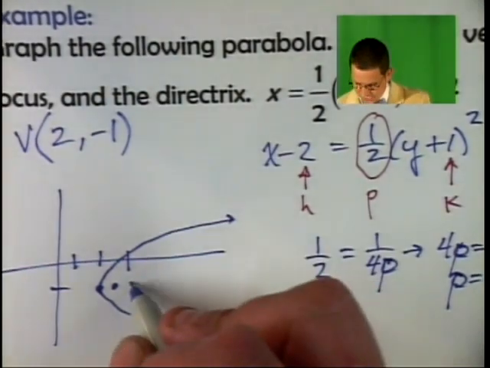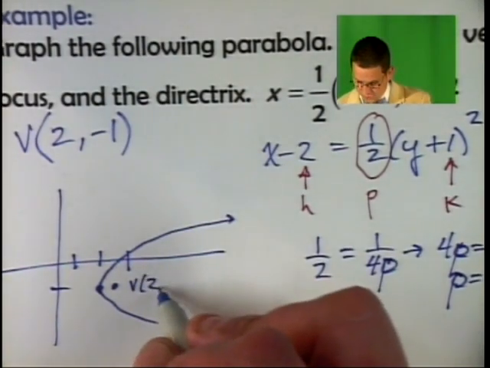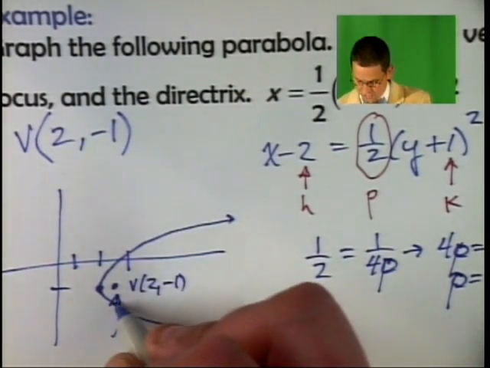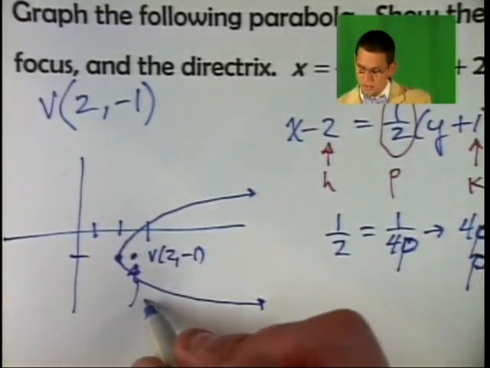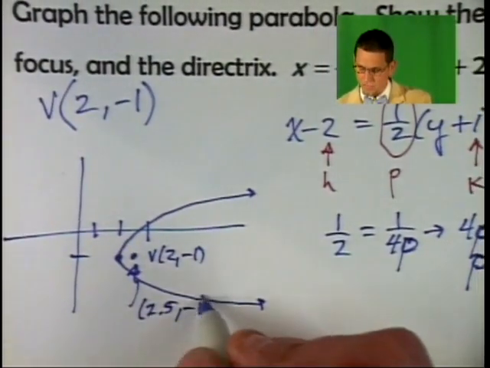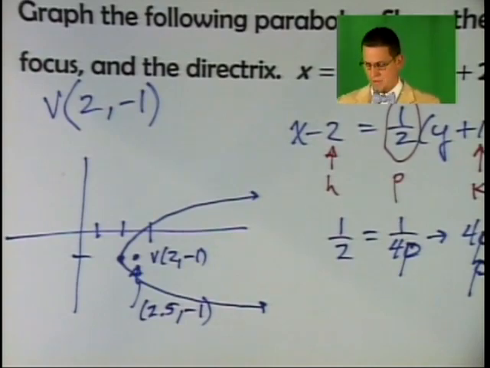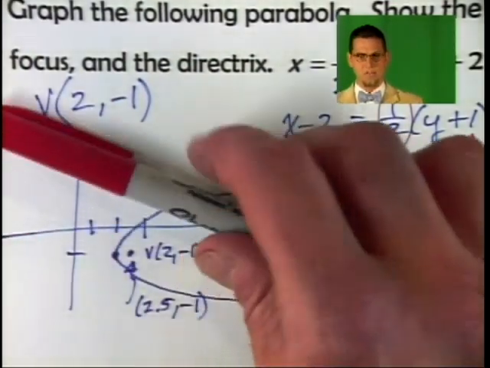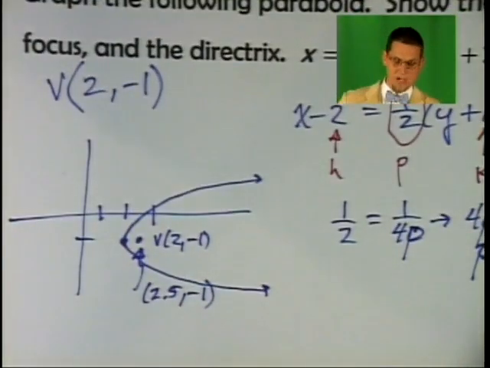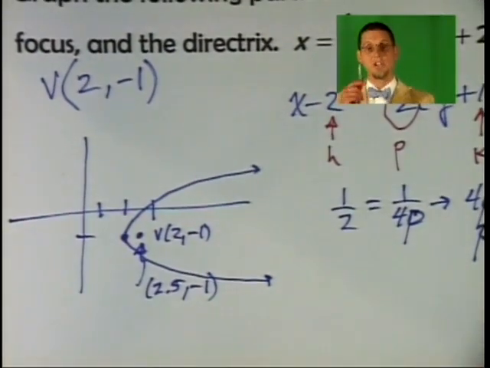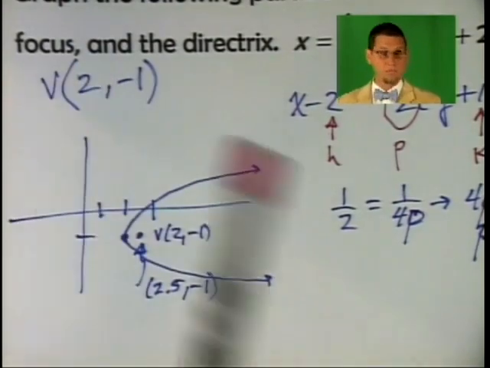So the vertex is essentially at the point 2, negative 1, and the focus right here is at the point 2.5, negative 1. It's a 1/2 unit to the right. Now, where would the directrix be? Well, the axis of symmetry is horizontal. You can fold that parabola horizontally and it'll coincide. So the directrix is perpendicular to that. It's going to be a vertical line.